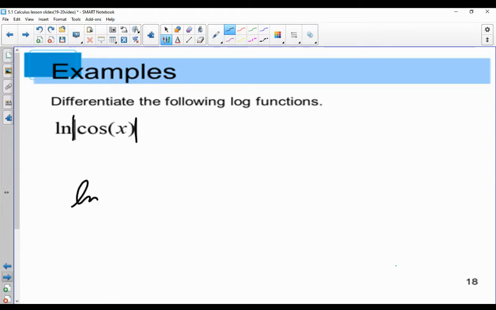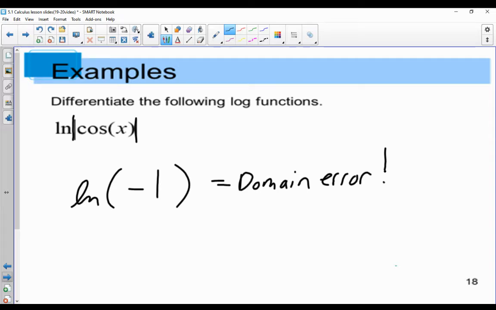Just out of curiosity, if you got a calculator nearby, or if you got an online calculator you can look up, I want you to type in, what does natural log of -1 do? What does that give you? Natural log of -1. Do you end up getting a domain error? If you do, that means natural log is actually kind of limited.